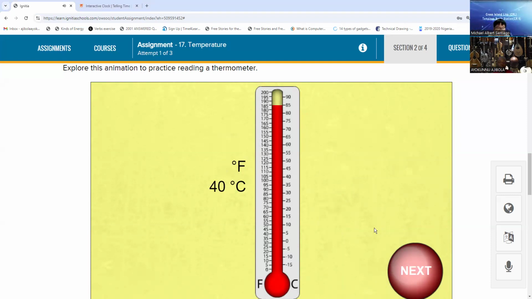Celsius, so next one. Click and drag the mercury to the correct level. 40 degrees C is what in Fahrenheit? 40. Maybe this 105 is better than 103 or 104.